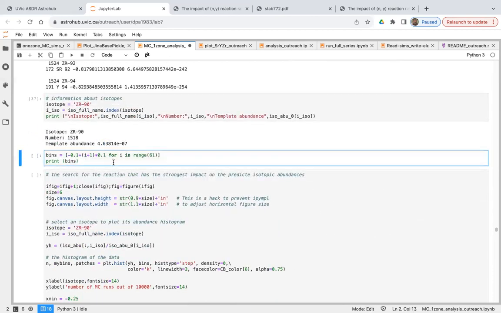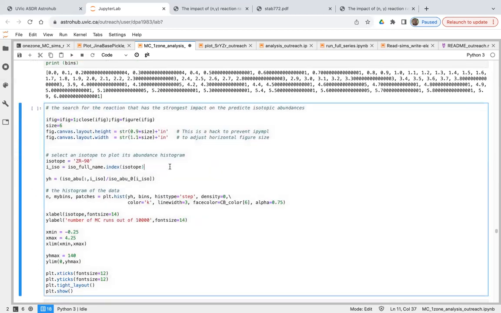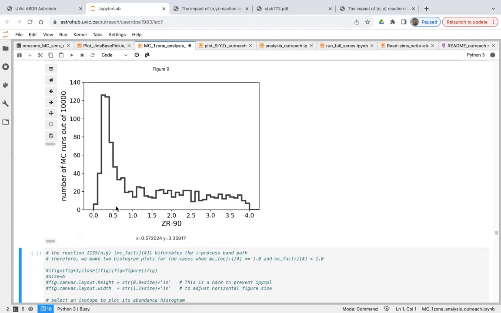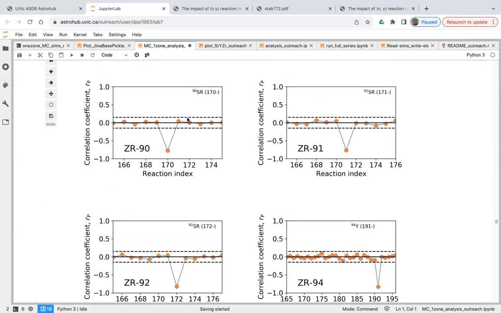Now, like we did before for elements, first we produce bins for the histogram, and then we search for the reaction that has the strongest impact on the predicted isotopic abundances. So this is a histogram for zirconium-90, and we can anticipate that this bifurcation or the spread of zirconium-90 abundance is probably caused by the uncertainty of the reaction strontium-90 (n,gamma), right?